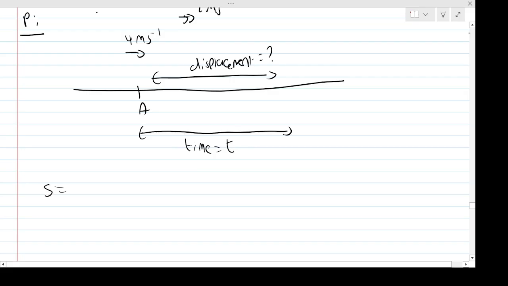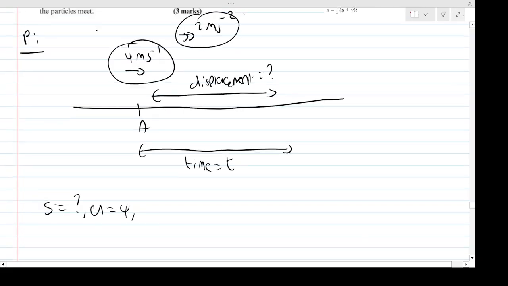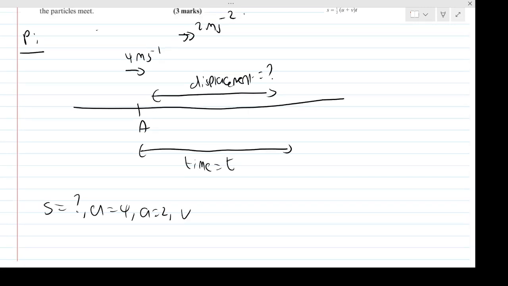So again here, if I do my SUVAT, S, I don't know. That's what I want to work out, the displacement from A, so the distance from A, right? U, initially the speed is 4 and the acceleration is 2, okay? And V, I actually don't care about V, the speed at some point in the future. I don't care about the final speed. T is t for time. Okay, so which one does not include V?